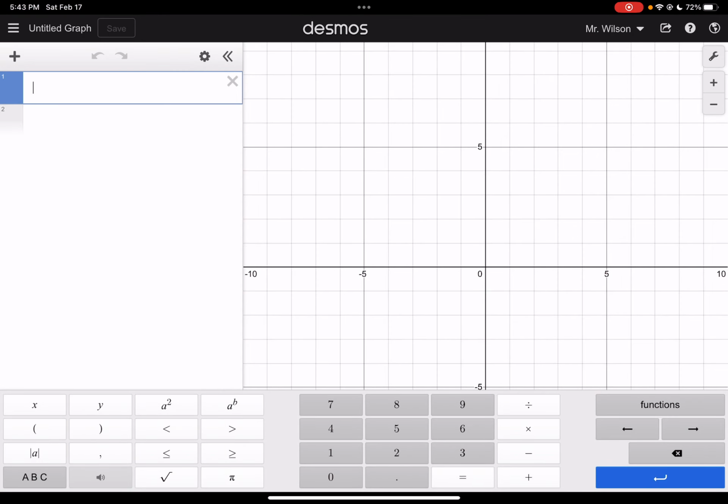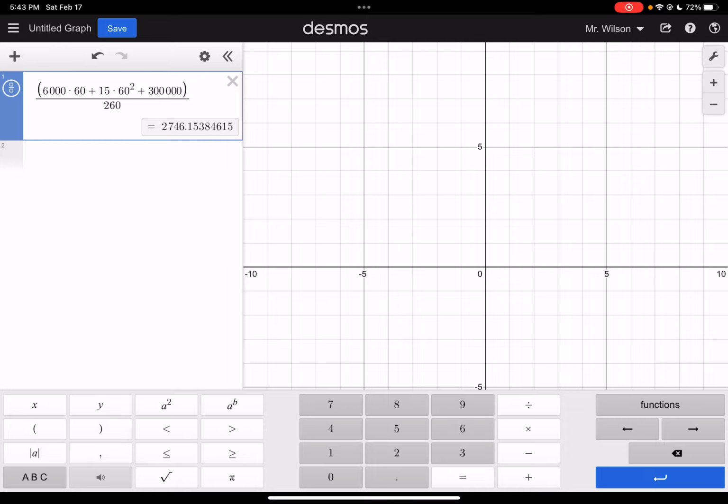If we just crunch these numbers really quickly, we're going to get 6,000 times 60 + 15 times 60 squared + 300,000, all over 260, right? 200 + 60 times 600 + 3 times 60.